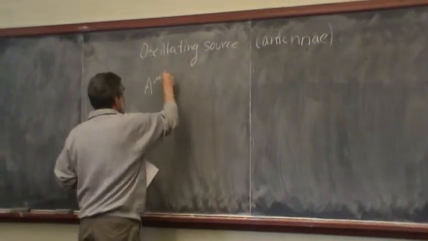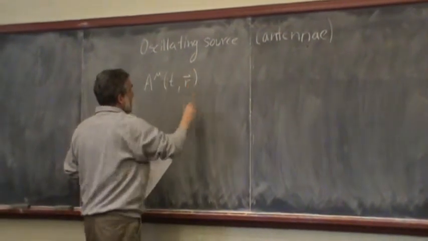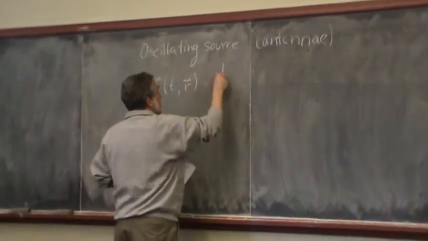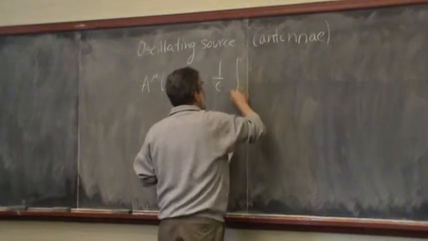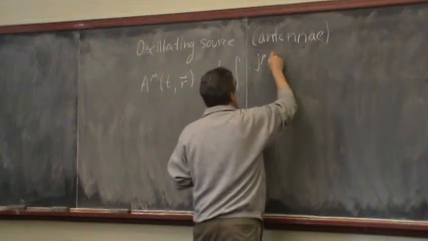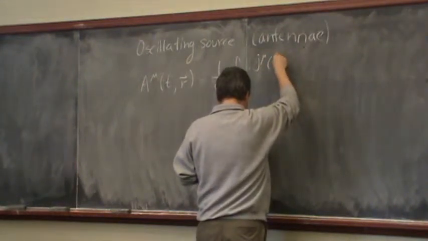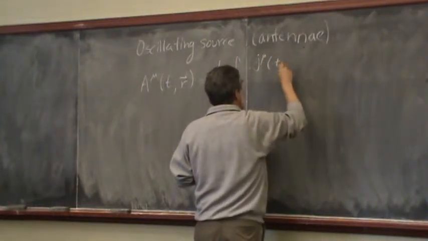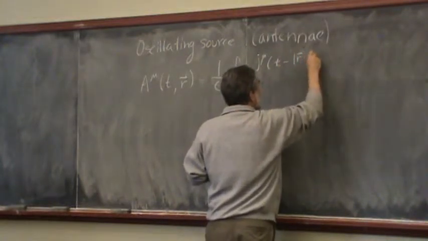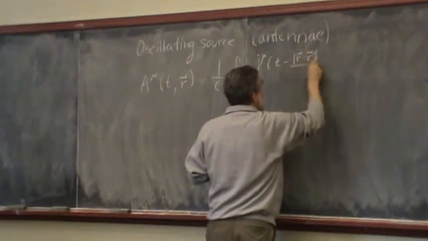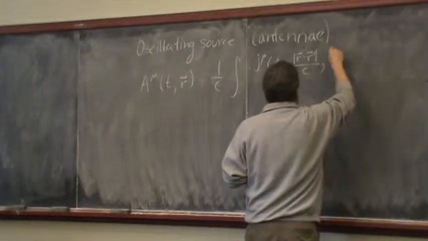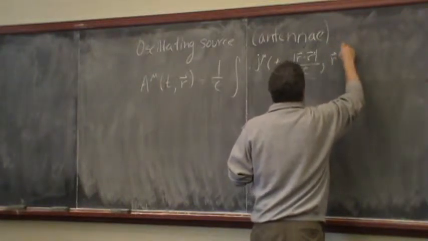So the mu component of the vector potential at some observation point is 1 over c times the integral of the current, evaluated at t prime, which I'm going to put in explicitly as t minus R minus r prime over c, comma r prime.